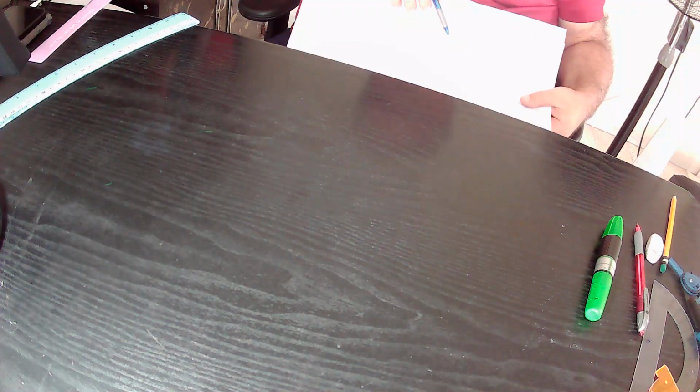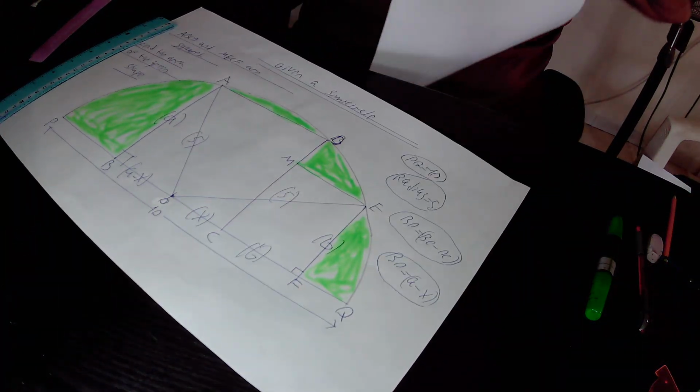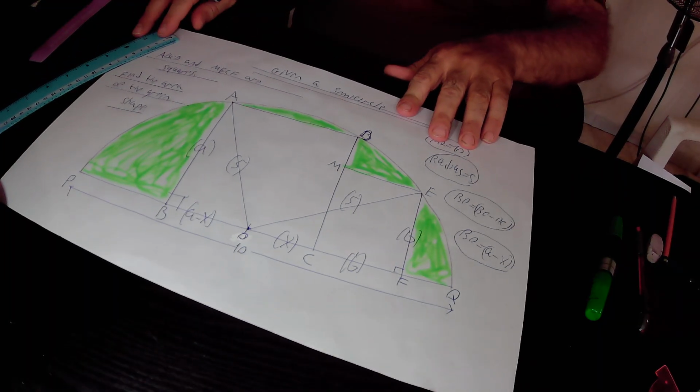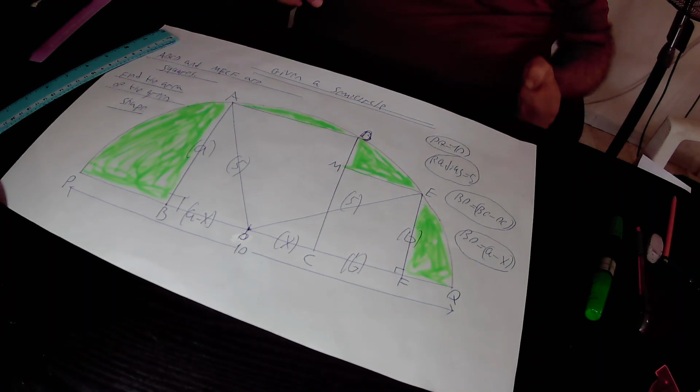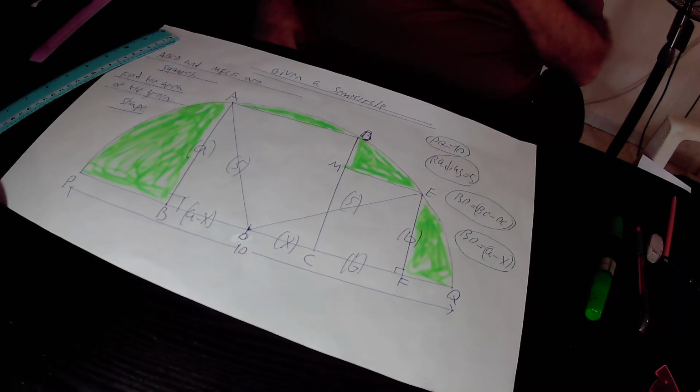In the next step, I present to you the second question, and we solve the second question of this lecture. In the second question, our task is to find the area of this grey shape.